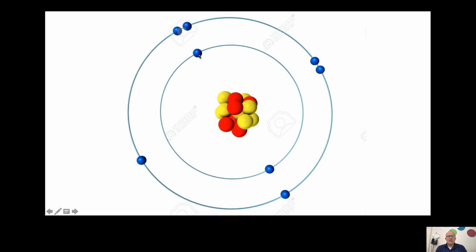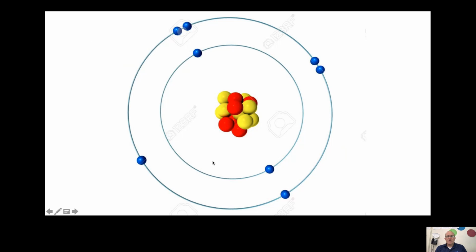Again, the electrons have a negative charge, the protons positive, neutrons have a neutral charge. That answers the first 5 questions. The electrons are orbiting the nucleus, which also answers number 6 in your review. So there's a lot that you can answer right there from what I just said.